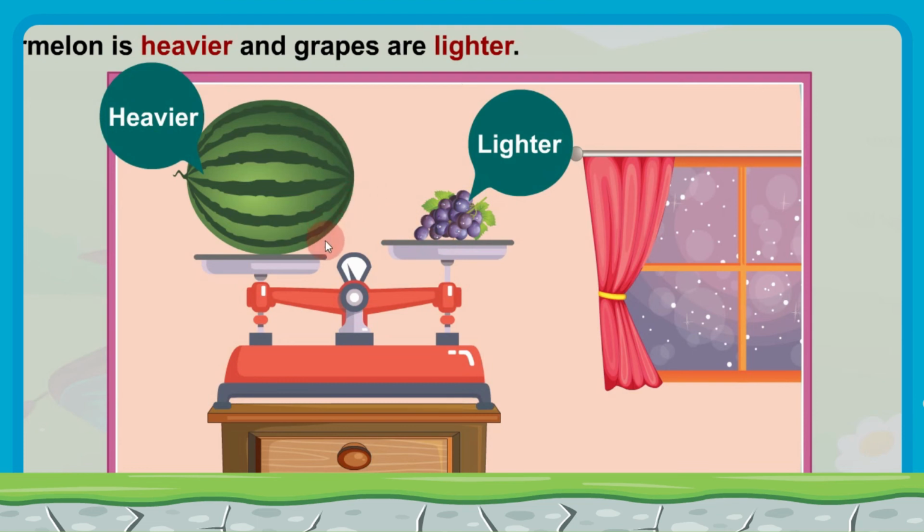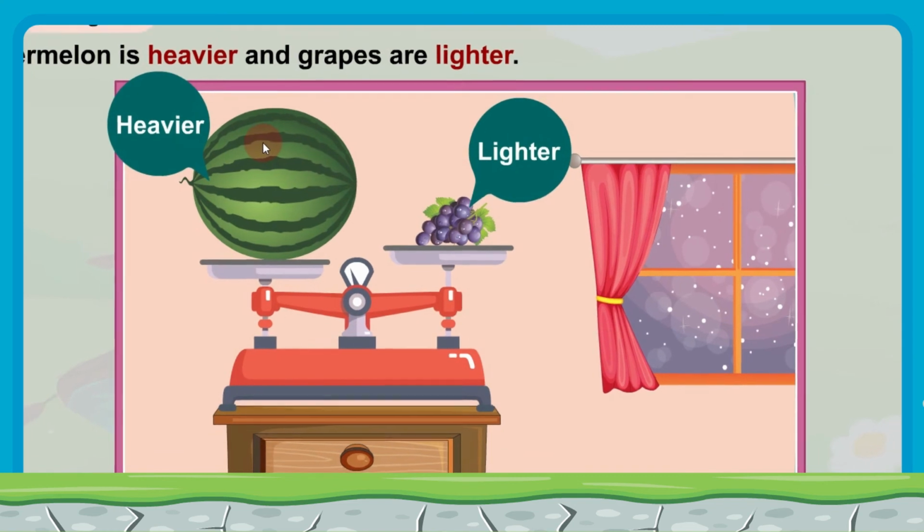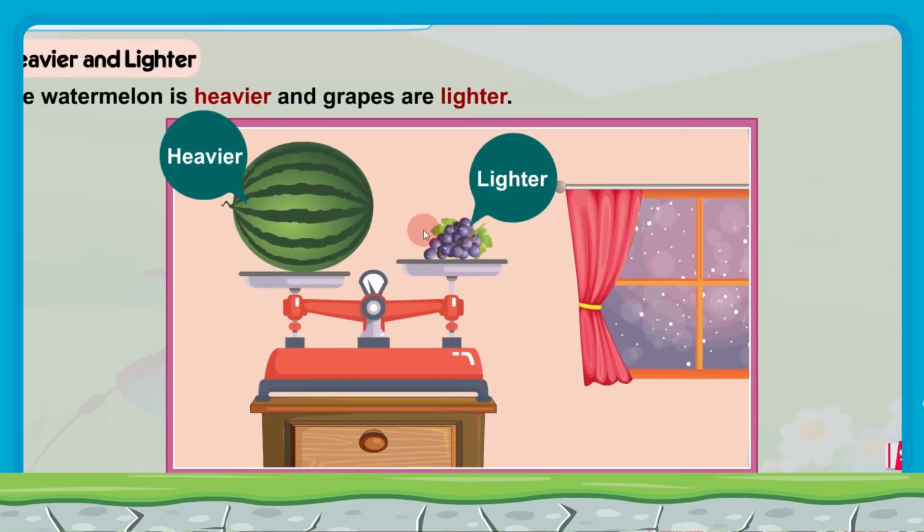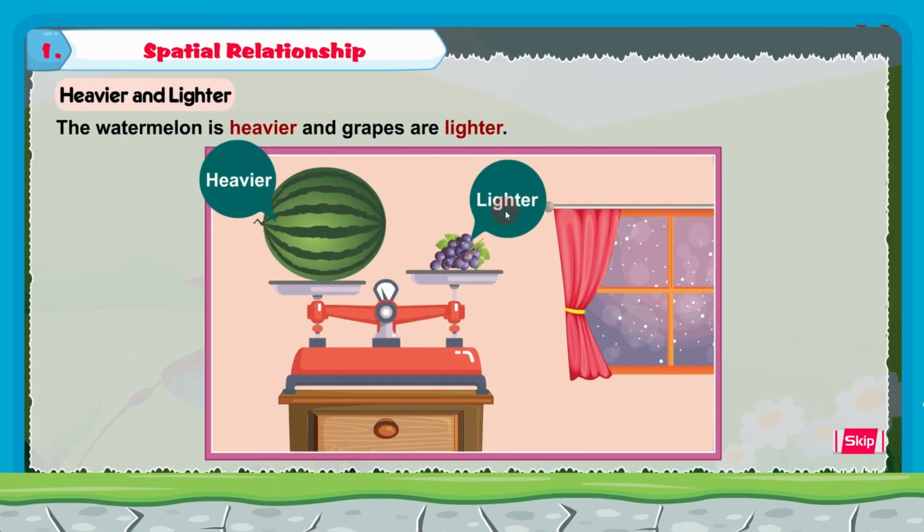If you can observe, the watermelon is big and it is heavy, and the grapes are small and light. Heavier, lighter. H-E-A-V-I-E-R, heavier. L-I-G-H-T-E-R, lighter. So, the watermelon is heavier, big and heavy. The grapes are small and lighter.